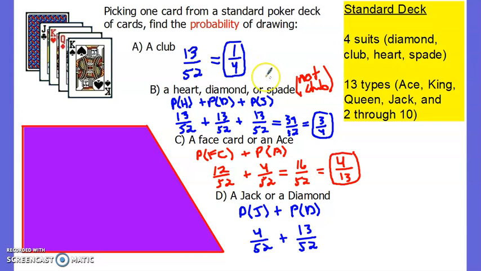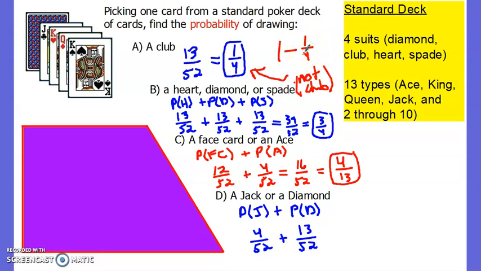And if you remember, if the probability of clubs is 1/4 up here, then what we want to do is take 100% of the things that can happen, or 1, minus 1/4 for the clubs, and 1 minus 1/4 would be 3/4. So one way to do it is add up the things you want. Another would be out of 100%, out of everything that can happen, subtract the things you don't want. Again, that's called the complement.